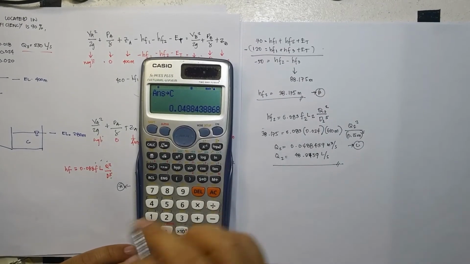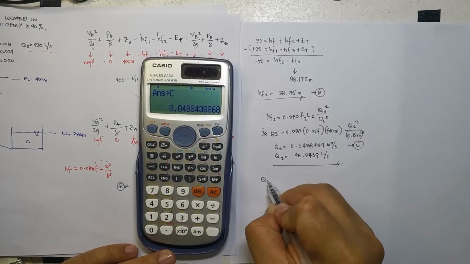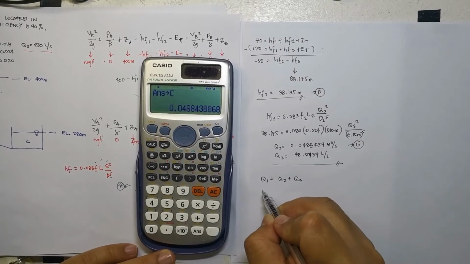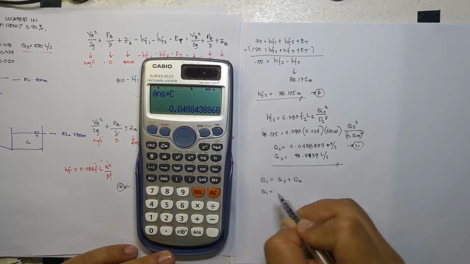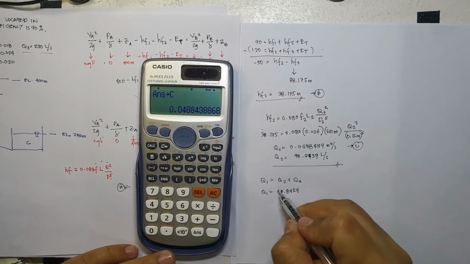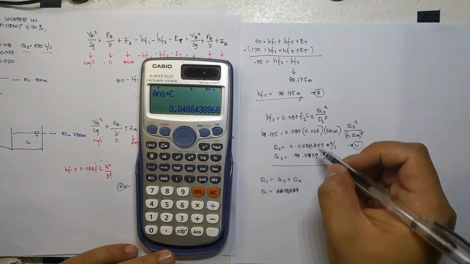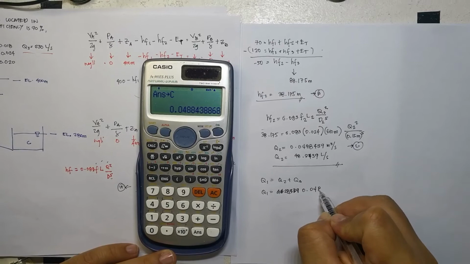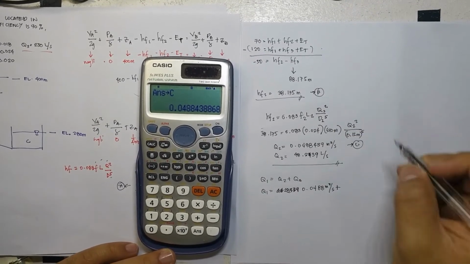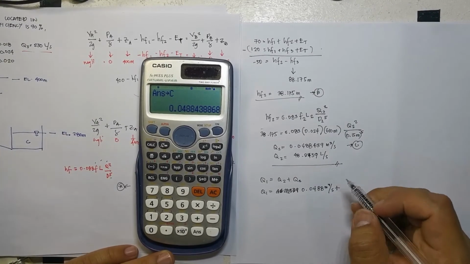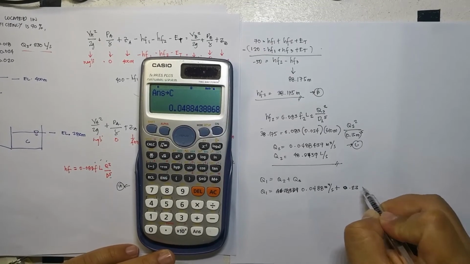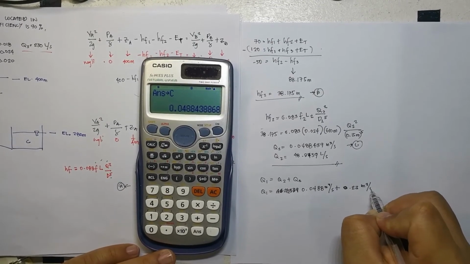So now that we know Q2, we can solve Q1. Q1 is equal to Q2 plus Q3. Then that will give us Q1 is equal to 0.0488 cubic meter per second plus Q3 which is 230 liters per second or 0.23 cubic meter per second.